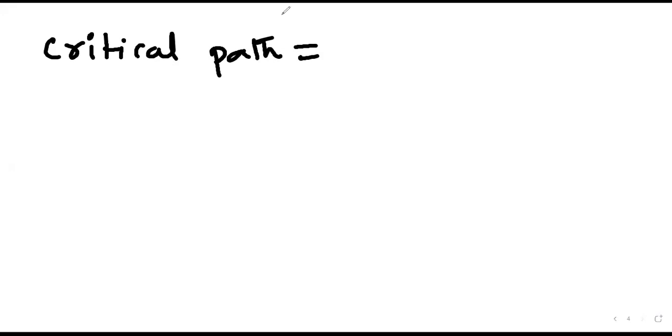What was the critical path? 1-2-3-5-7 and 8.